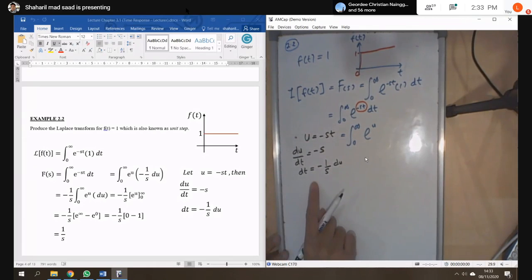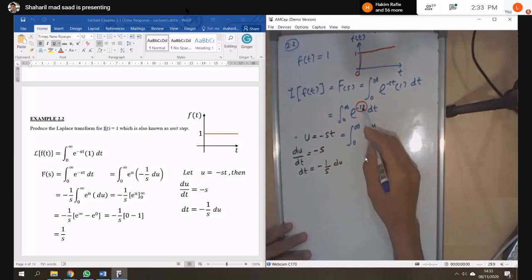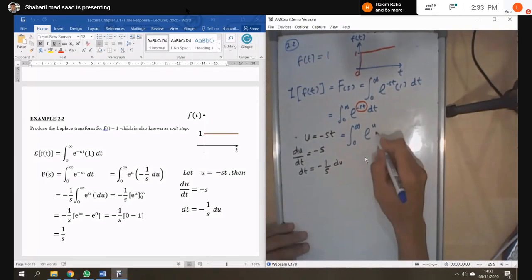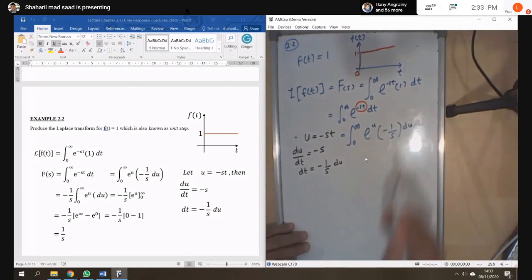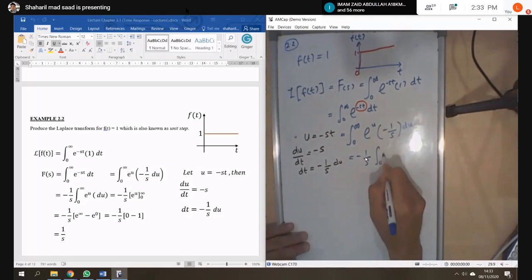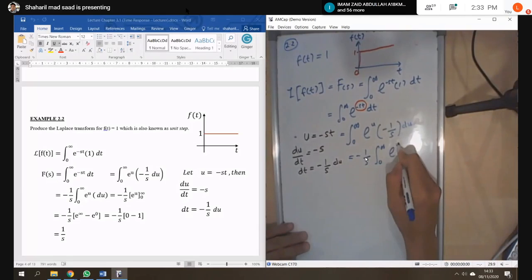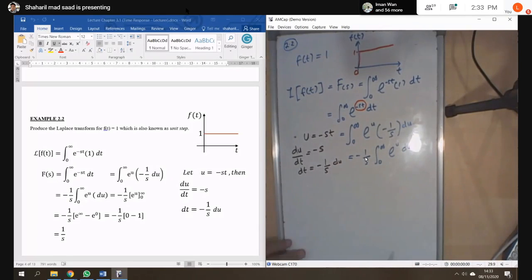Now we put it in: e^u, dt equal to minus 1 over s du. So this is minus 1 over s, integral from 0 to infinity of e^u du.